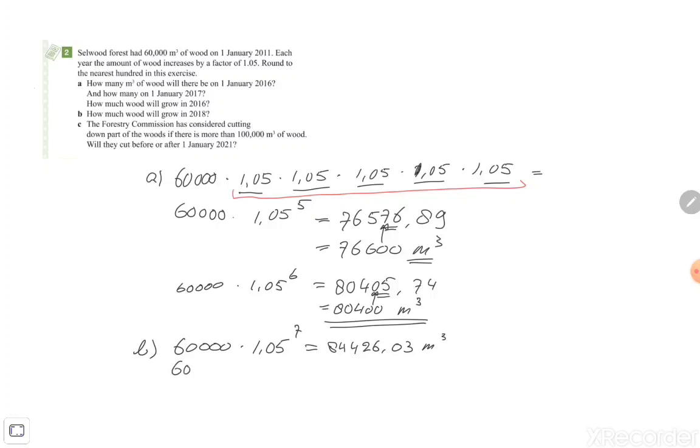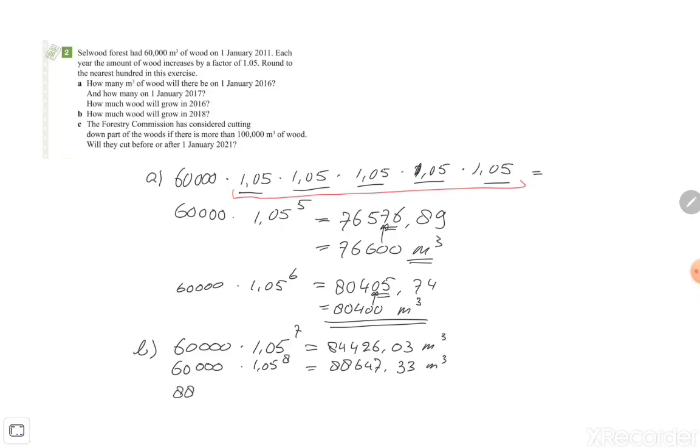We do exactly the same 1 year later, so 1.05 to the power of 8, and that's 88,647.33 cubic meters, and we're going to subtract those two numbers.